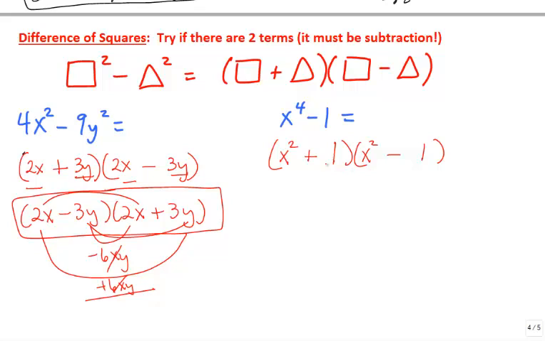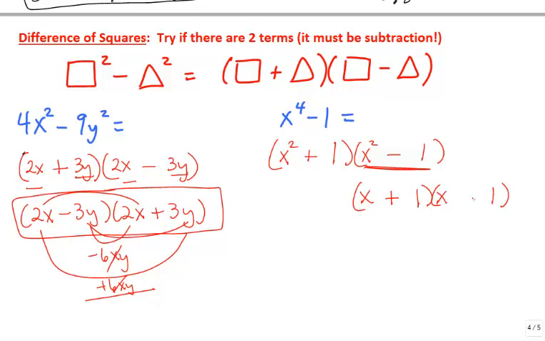And that's the case here, because this second factor right here is another difference of squares pattern, because it's something squared minus something squared. And that means this will factor again. What times itself gives me x squared? X and x. What times itself gives me 1? 1 and 1.